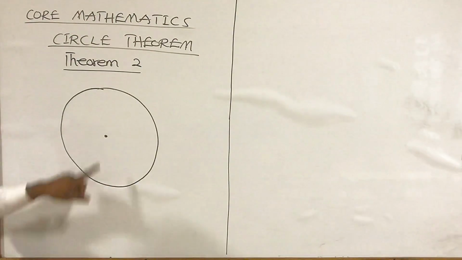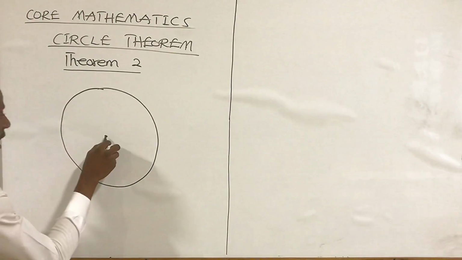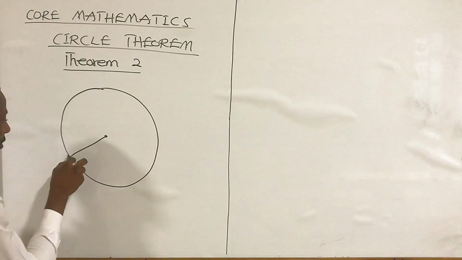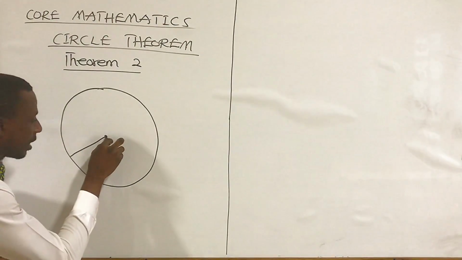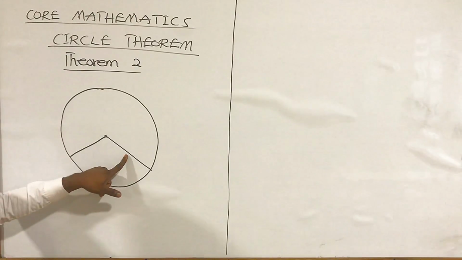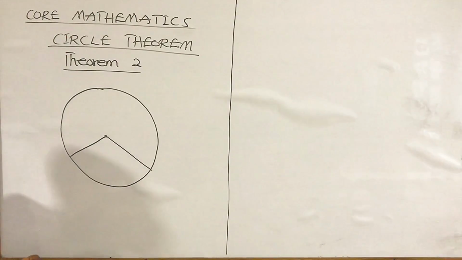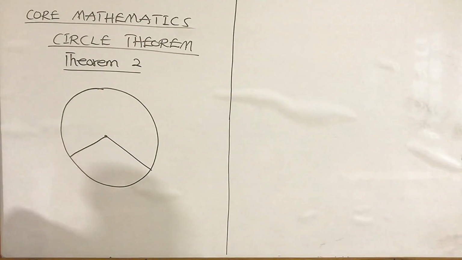I will still make this to be my center. I have a line here which we call the radius. I have another line here which is also a radius, because they are all drawn from the center to the part of the circle.